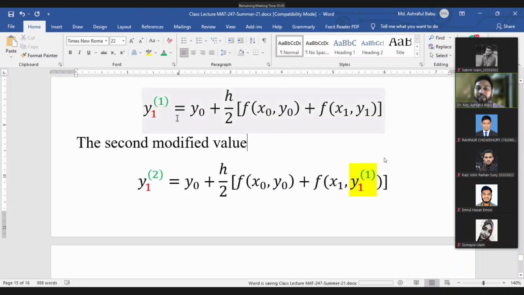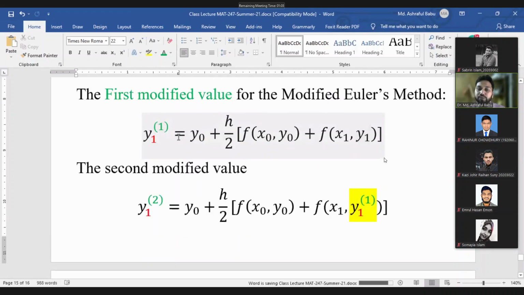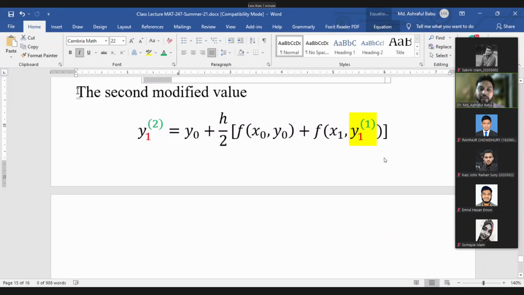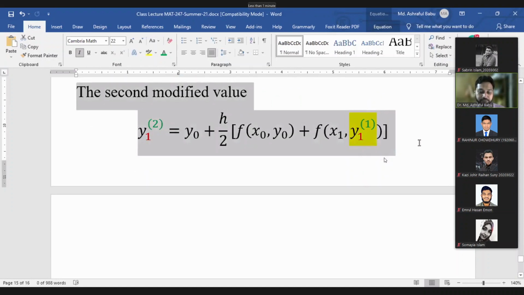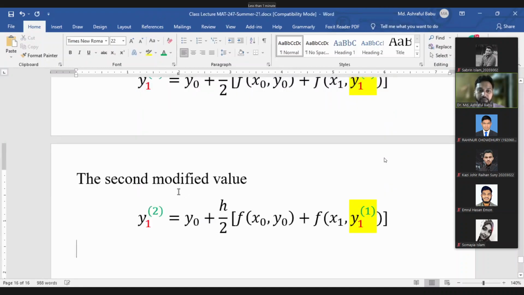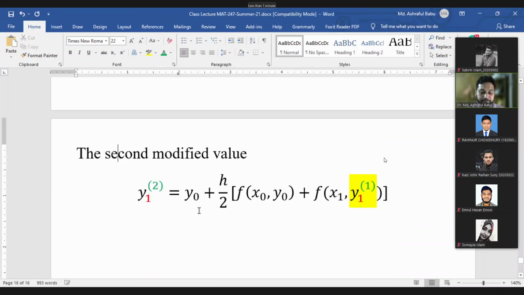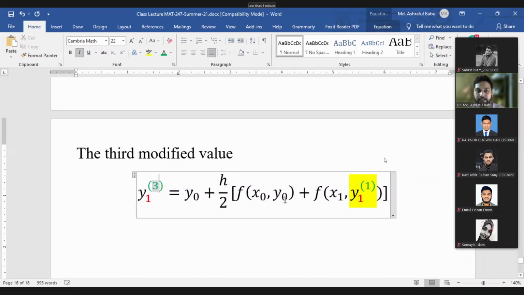Okay, understand? The solution procedure is the same. So this y1 we have to change by the result of the first modified value. So the first modified value y1 of 1 we have to place here. Like that, the third modified value, the same thing we write, and this is y1 of 2.